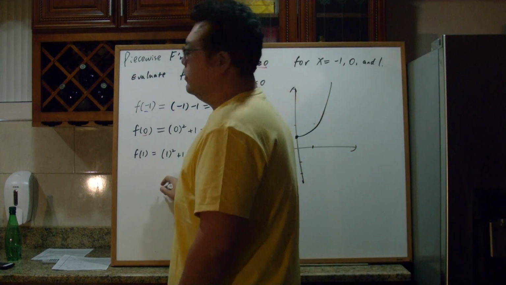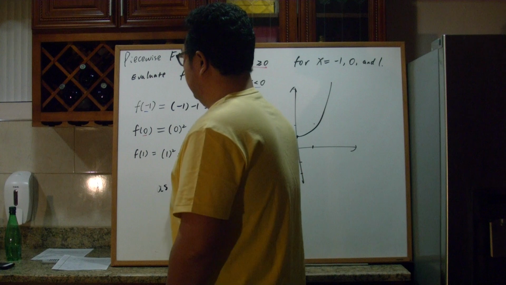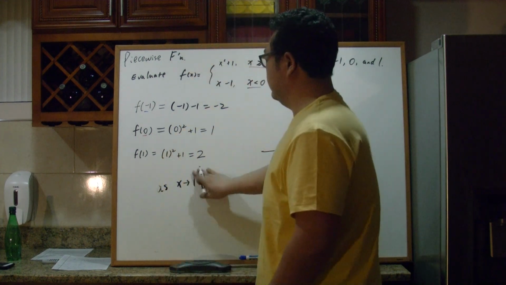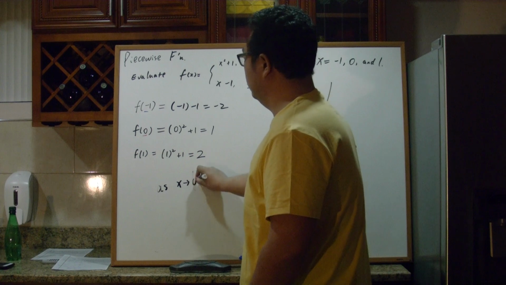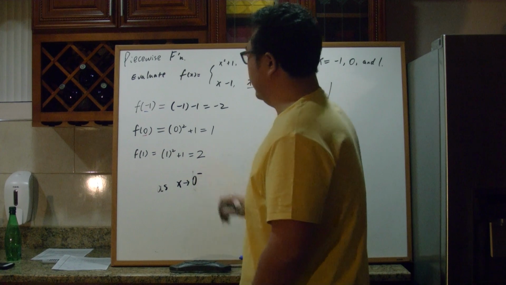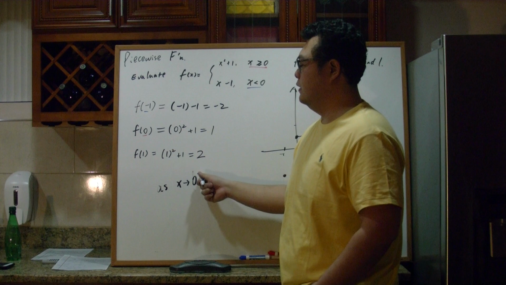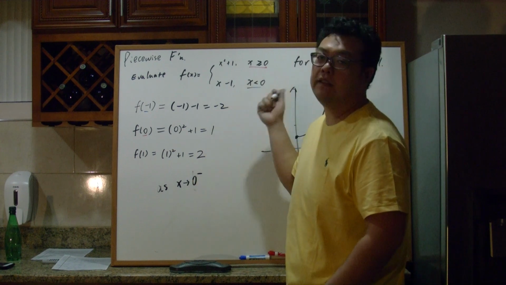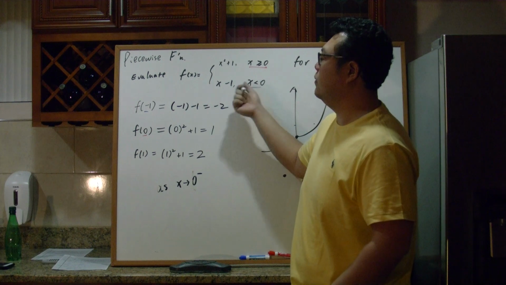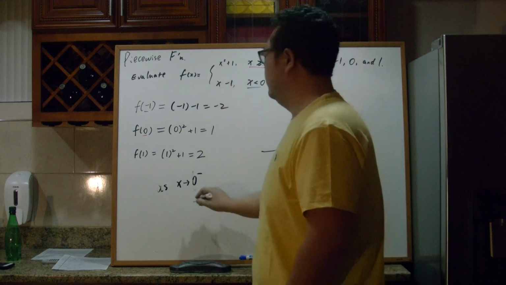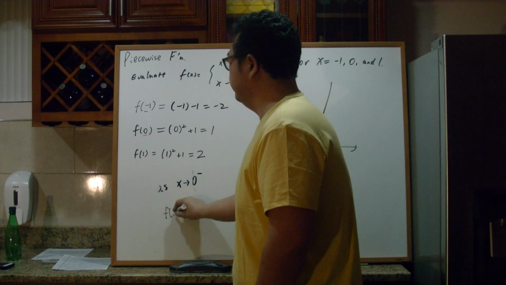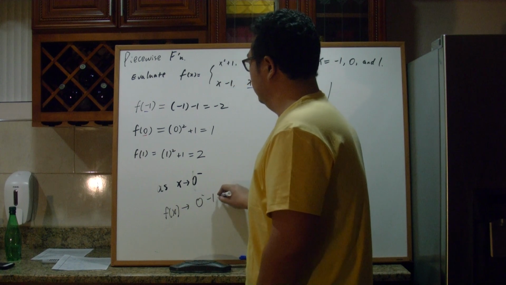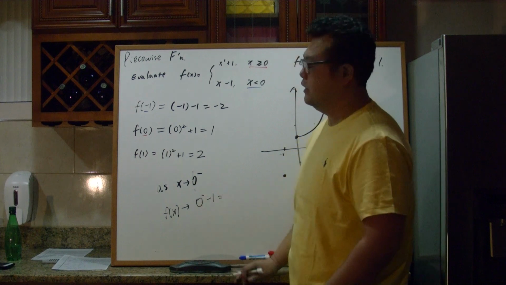So we need to check an extra thing: as x approaches 0, but a little less, right? That notation with the negative sign means it approaches 0, but a little less than 0. It's still following the rule of x less than 0. F of x approaches 0 minus 1, which, a little less or a little more, doesn't matter.